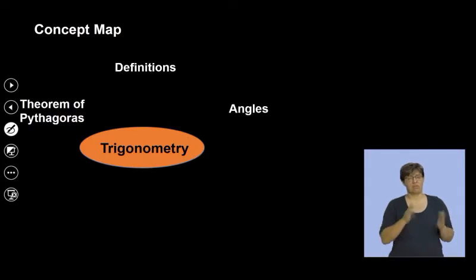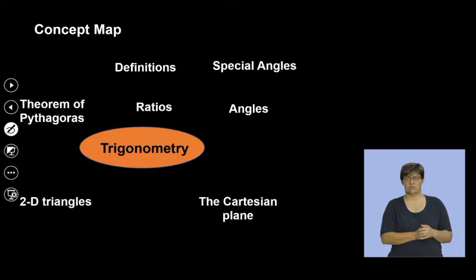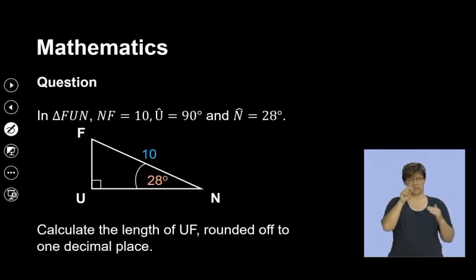Now, if we move on and look at the concept of the 2D triangles, remember that with our 2D triangles, we normally use these to find an unknown. Now we are trying to answer the second question that I asked you, to say, can I then find a side given one side and an angle, right?